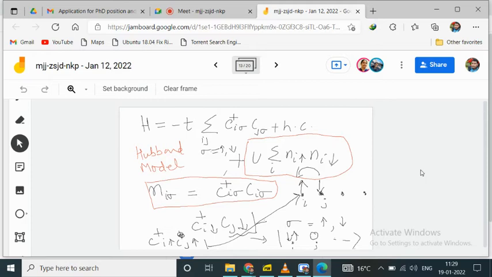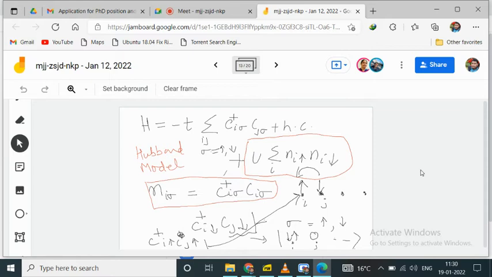I don't hear anything. Tell me what is the ground state of these non-interacting fermions? I don't know. You don't know, okay. You never heard of a Fermi gas? Yes. So what is the ground state of a Fermi gas? How do you fill up electrons in a Fermi gas?